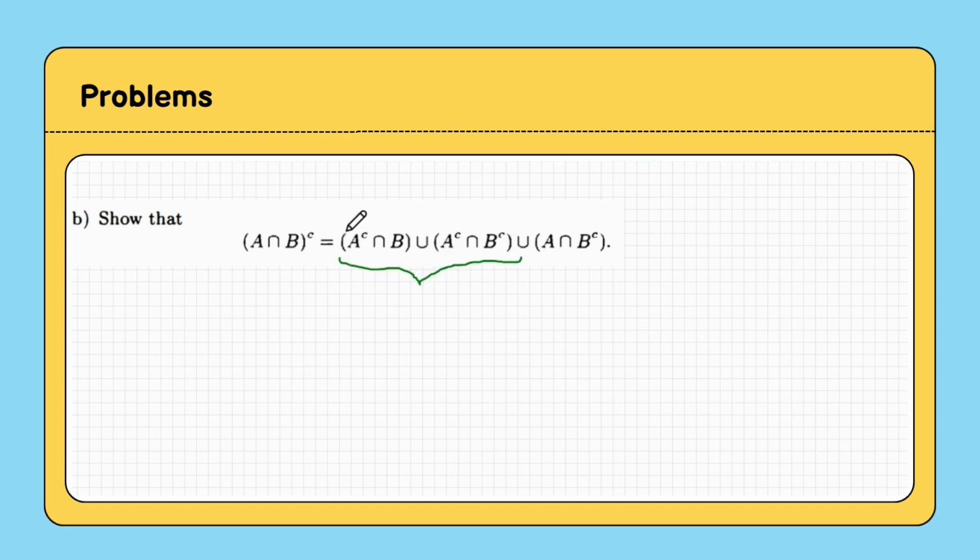So we're going to take that out, A complement intersection, and then B union B prime, or B complement, would be in parentheses, and that would give you A complement, exactly as we had in the previous example.